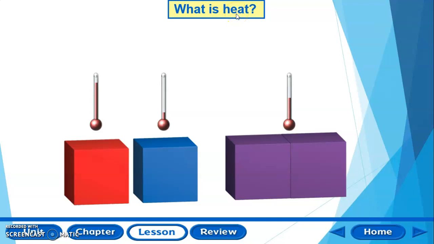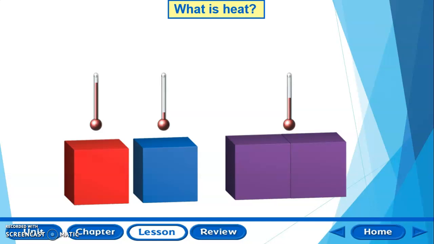Heat is the thermal energy that flows between objects due to a difference in temperature. Heat is measured in joules, okay? The joule is a special quantity to measure energy.